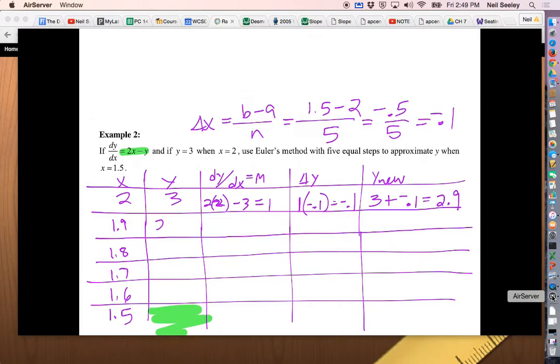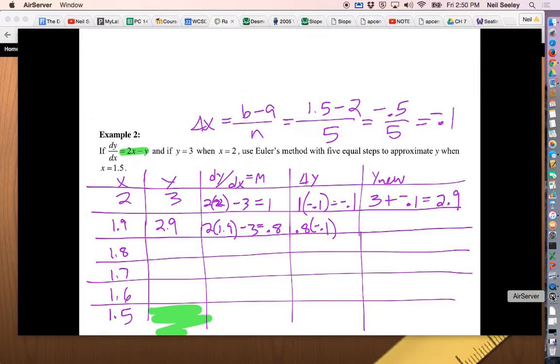That's my starting place for another iteration. Let's start over. That carries down. Then you have another new x, so 2 times 1.9. Keep your calculator in hand because you don't want to do this by hand. Just keep it out there and go 2 times 1.9 minus 3. Don't be shy. It's okay. It's 0.8. And then you go 0.8 times negative 0.1.